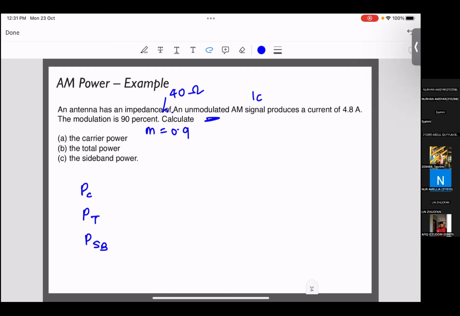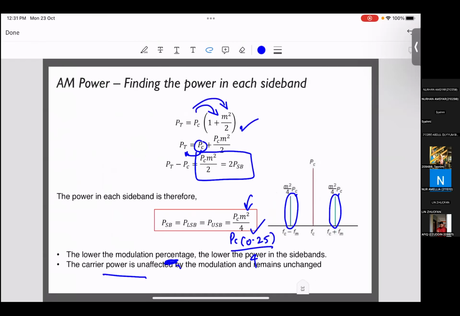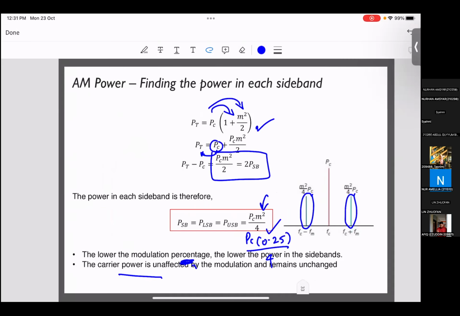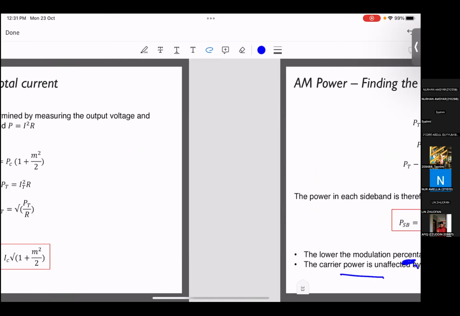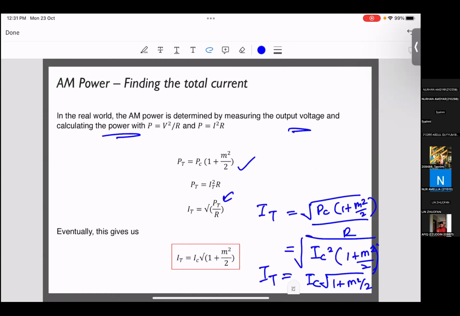So how do we approach this problem? Anyone? Anyone want to try? So let's go back to our slides. We have m, we have IC. We want to find PC, right? What equation will help us find that?